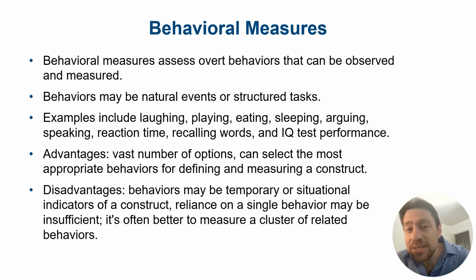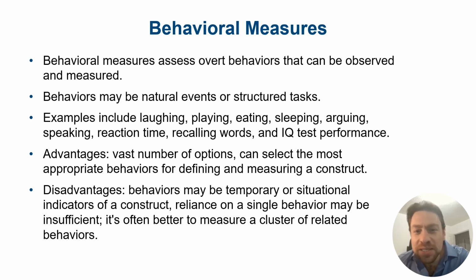Now, the disadvantages of the behavioral measures is that behaviors may be a temporary or situational indicator of a construct. So imagine a student who is a sweet goody two-shoes at home with the parents, but becomes a malicious bully in some other setting. So we as humans are sort of chameleons.